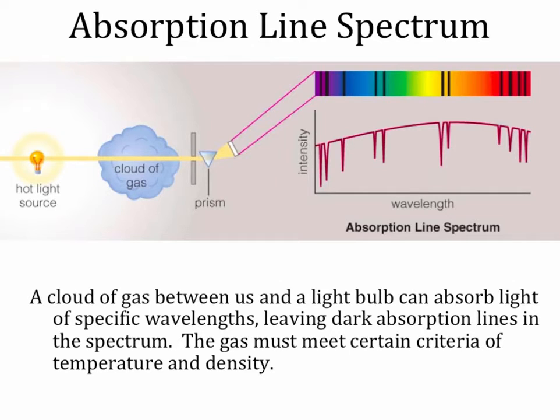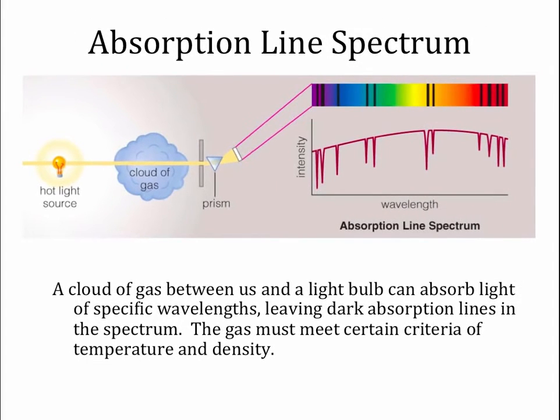The way that we get an absorption line spectrum is we start with a hot, dense source like a black body, here an incandescent light bulb. The light from that source passes through a cloud of gas, and this can be any type of gas as long as it's not too hot. And then when we look at that light, we see these dark lines. To create these lines, the gas must meet certain criteria of temperature and density.